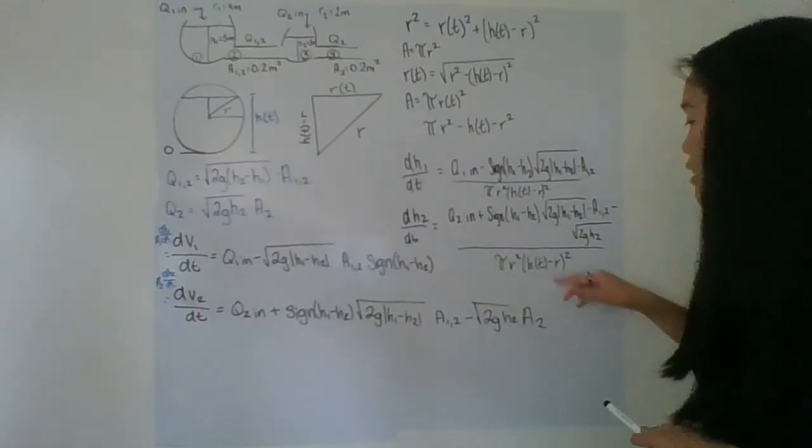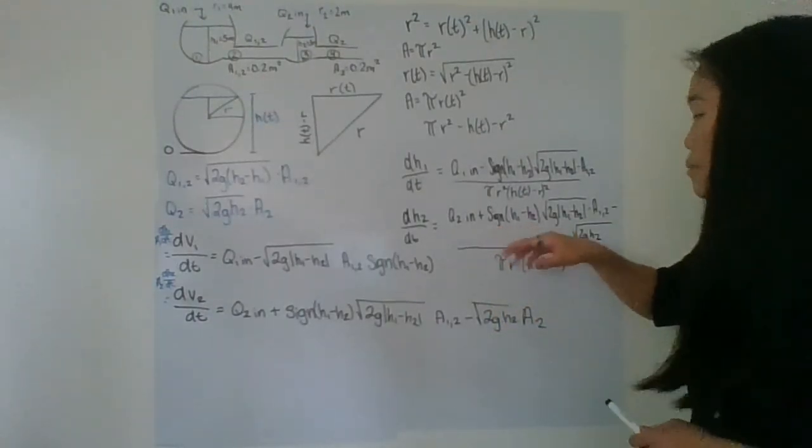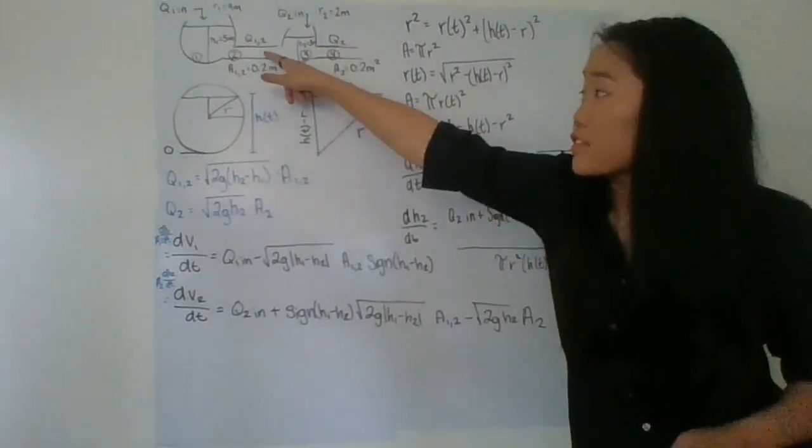And in this equation, the sign is positive because the pipe is entering tank 2, right here.